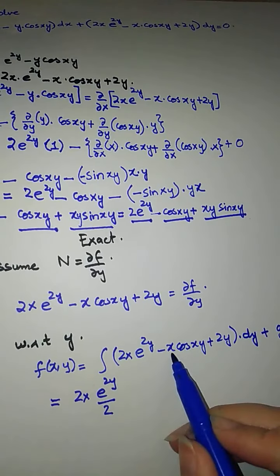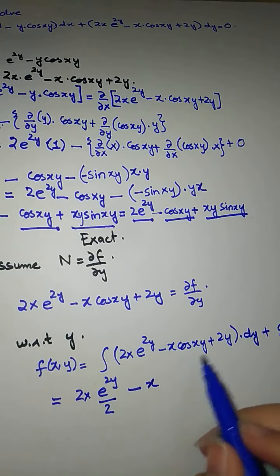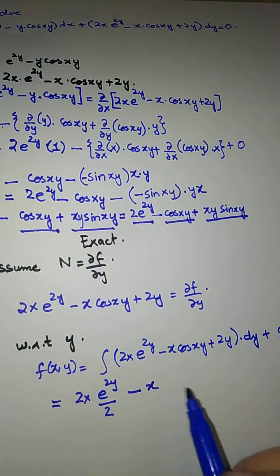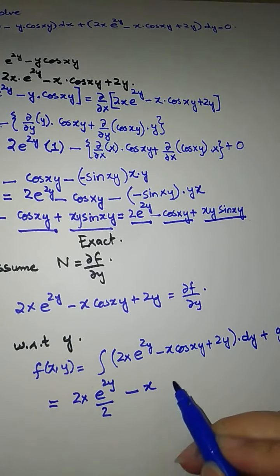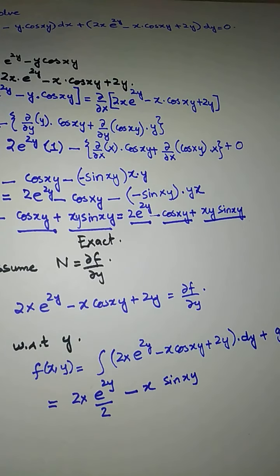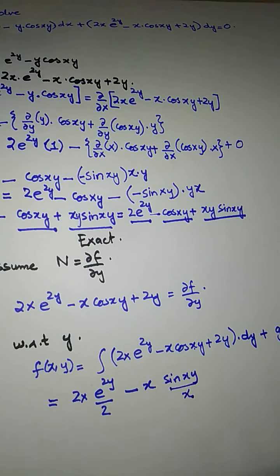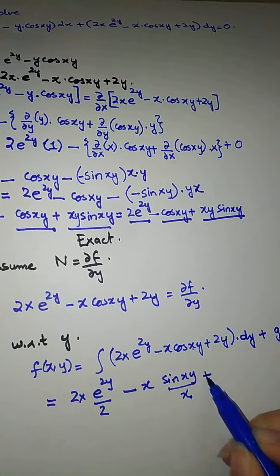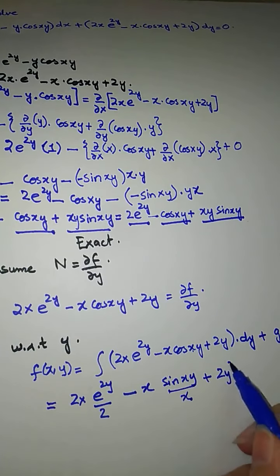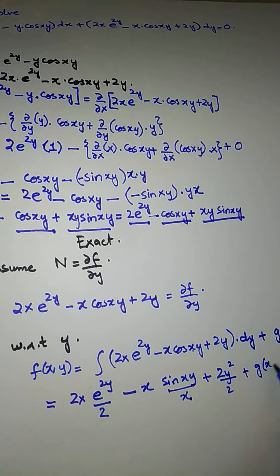Here x is considered as a constant, and cos has the integral plus sine. So consider this as theta, so plus sine of xy, and I told you that the constants are divided in the integral. So here the constant is x, so I will divide by x, and 2y into dy gives 2y square by 2, plus g of x.